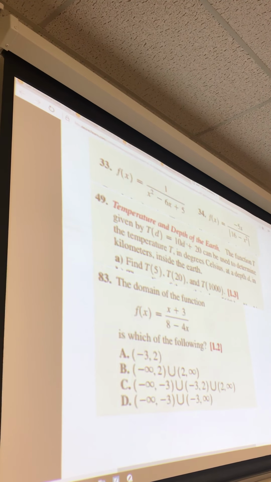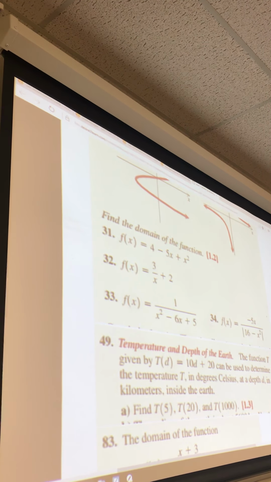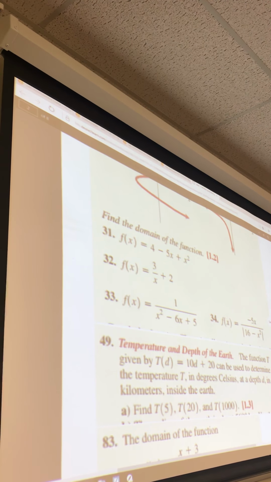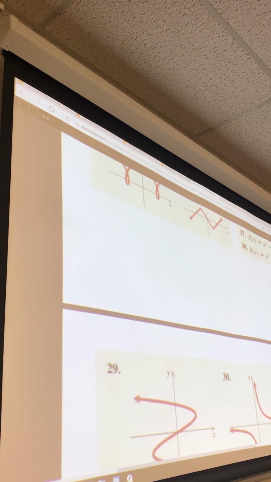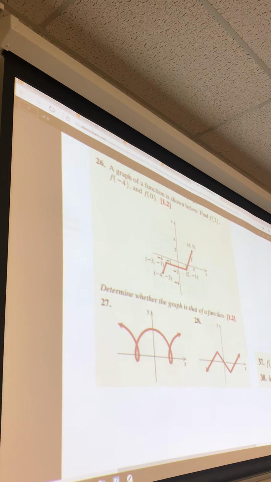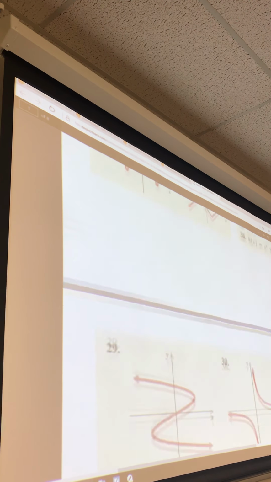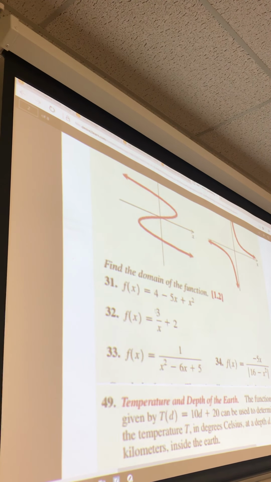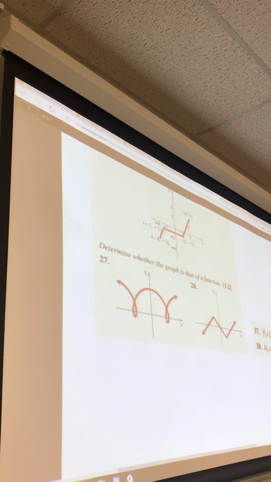So if you've got those printed out, make a little note right here beside your number 34, or right here above it, and just put find domain, because that's what it was for these right in here, was to find the domain. I just didn't catch that before I saved it.